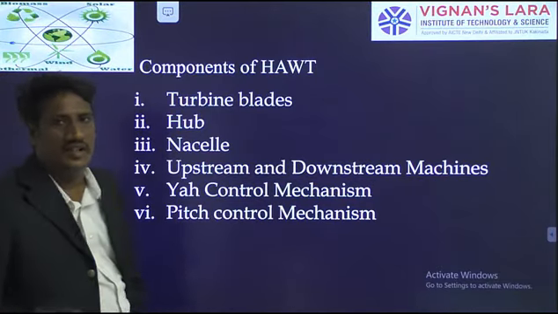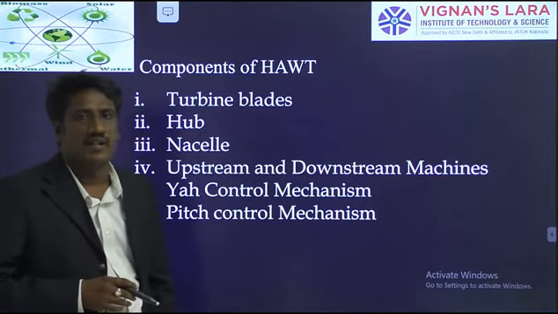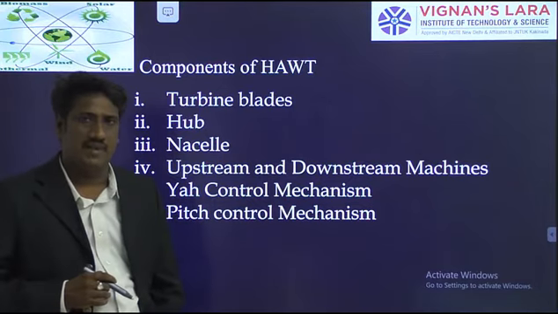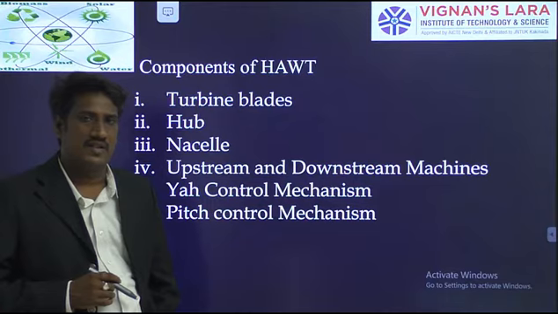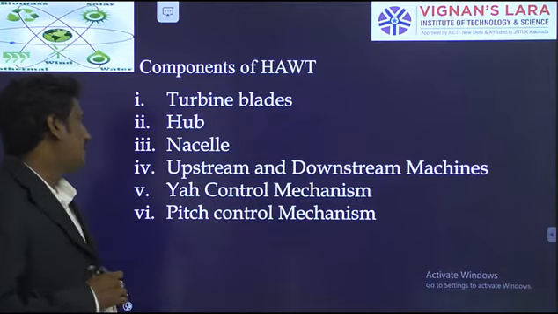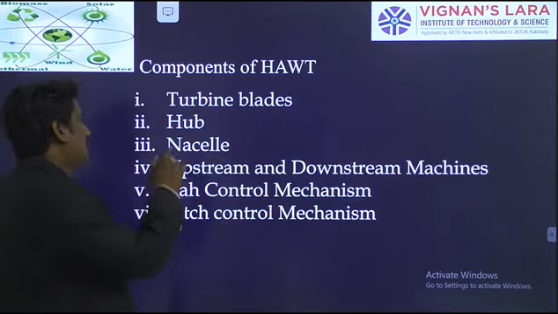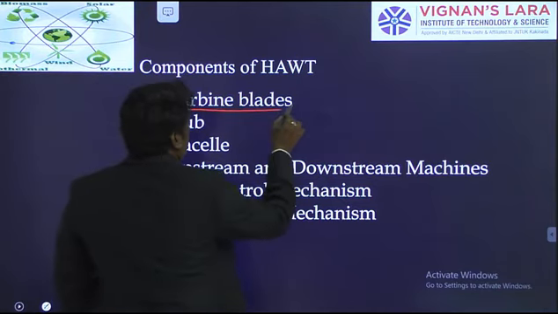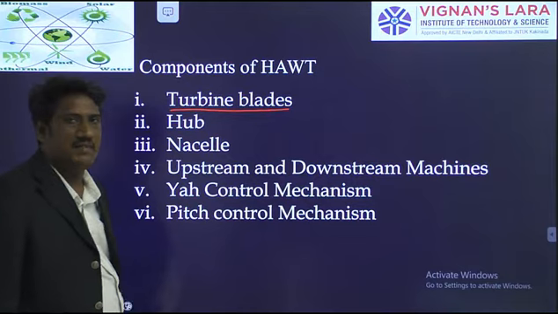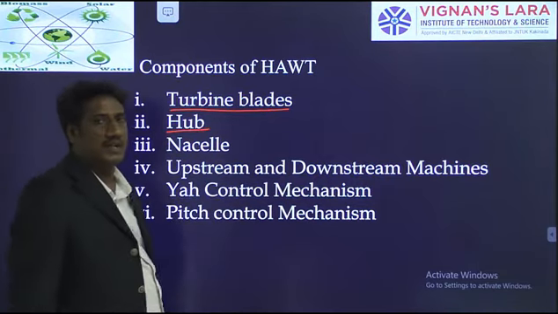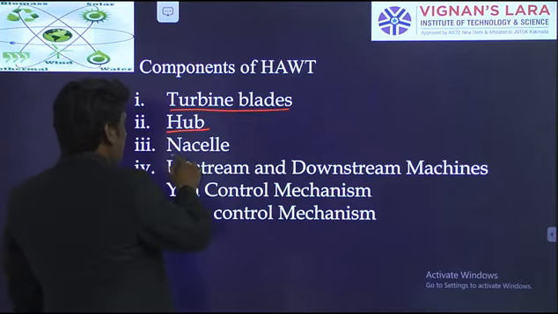Now, what are the different components of a horizontal axis wind turbine? You have different components like turbine blades, hub, and nacelle.